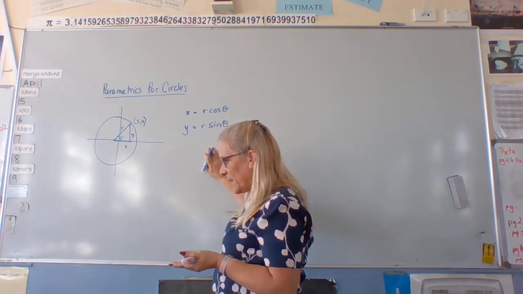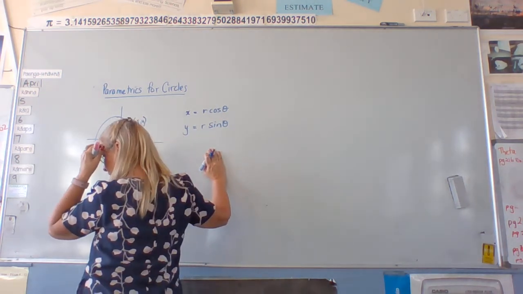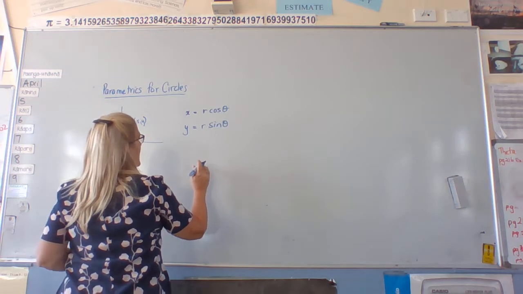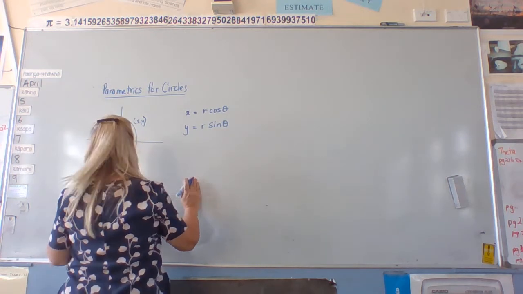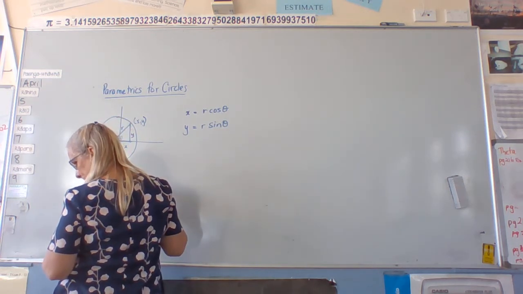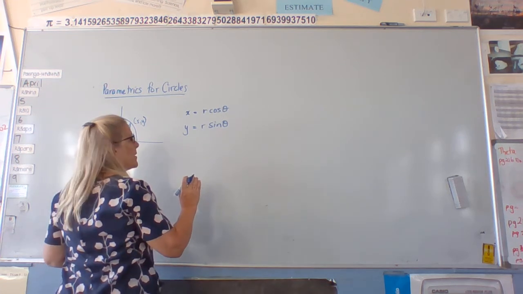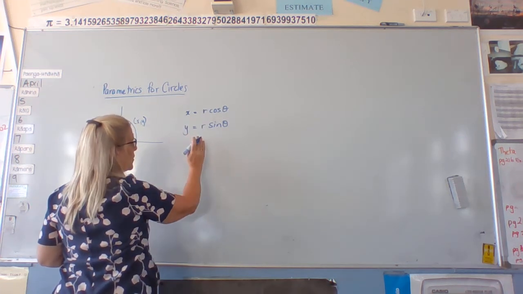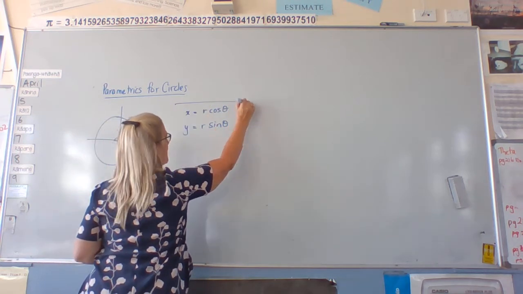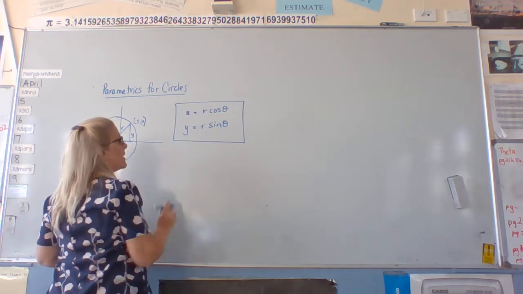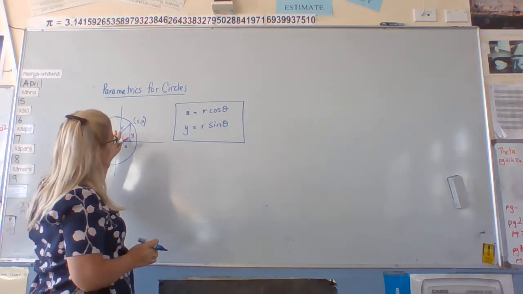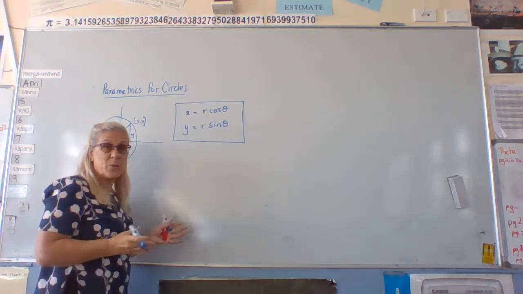If we square these, so these are our parametric equations, all right? They can be mapped up with this diagram by using x squared plus y squared equals 1.